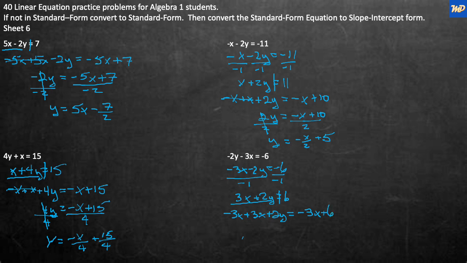Now the x's on the left cancel. We have the y all by itself, so we have 2y is equal to -3x plus 6. Now we have to get rid of the 2, so we're going to divide each side by 2. And we're going to have y equals -3/2 x plus 3, because 2 divides into 6 three times.